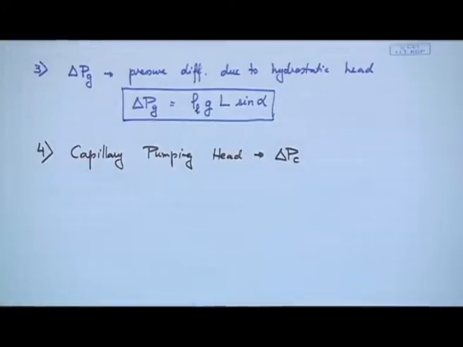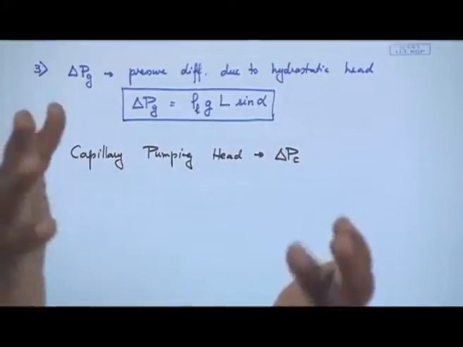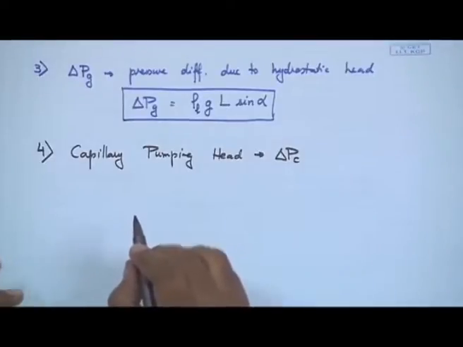So, the driving force in the wick is what? The driving force in the wick is surface tension, right. So, you remember from our high school, delta P is 2 sigma over RC, right. Sigma is the surface tension coefficient for a particular bubble inside water. We had done all these derivations, so I am not going to go into those details. So, what I will write now is just the expression for delta P capillary head.